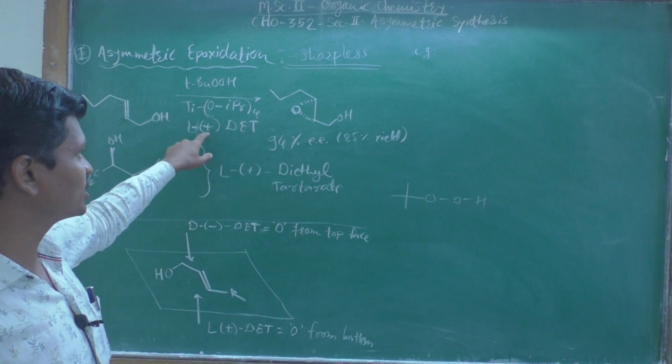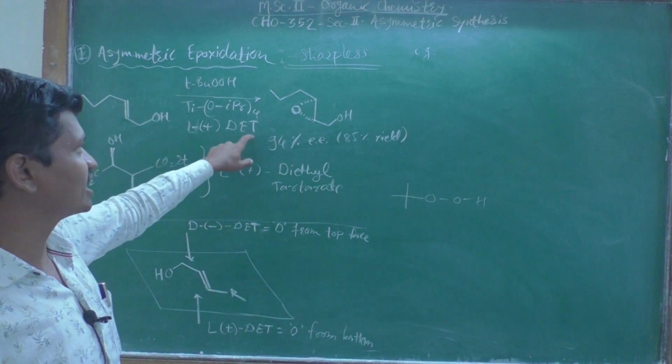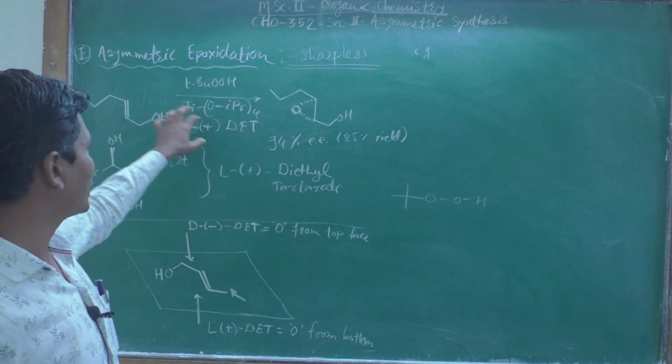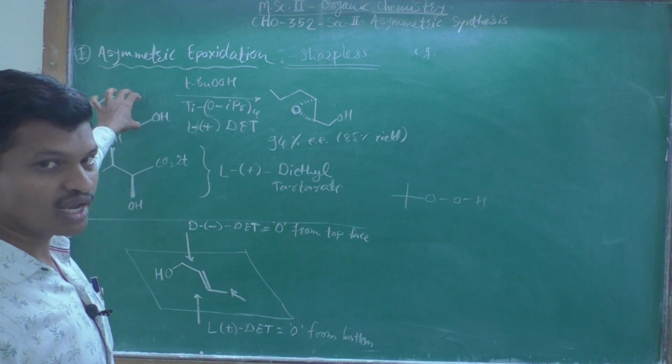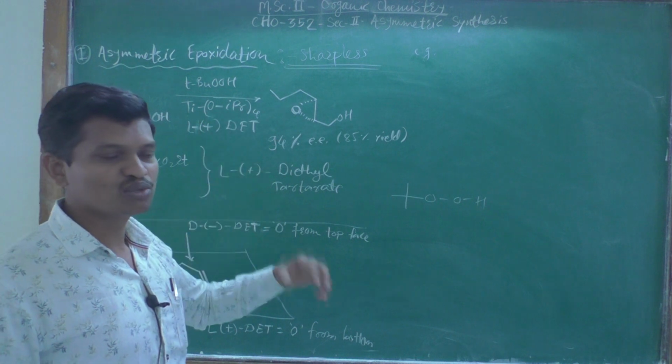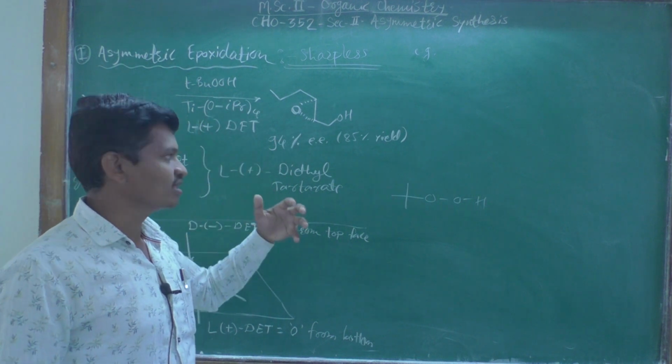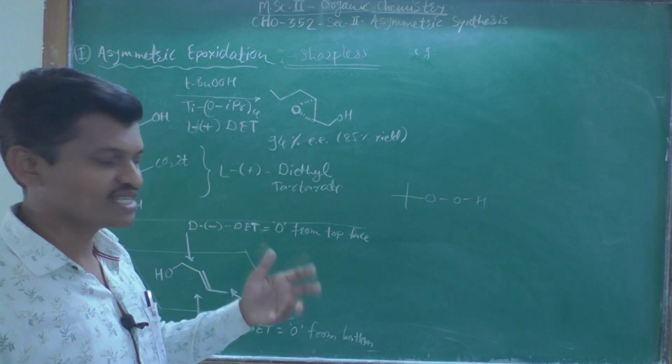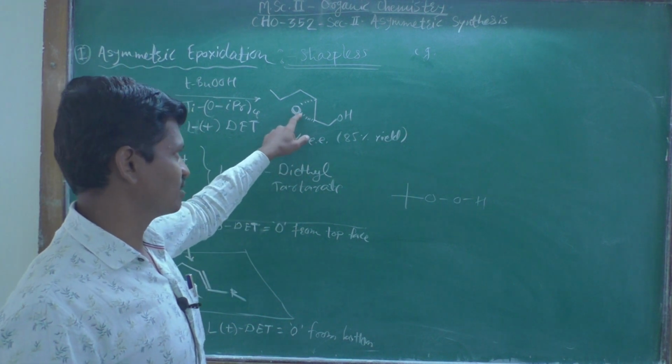This dextrorotatory L diethyl tartarate is used in this reaction with the allylic alcohol. When we use plus diethyl tartarate, we get one enantiomer in excess, that is the alpha epoxide.